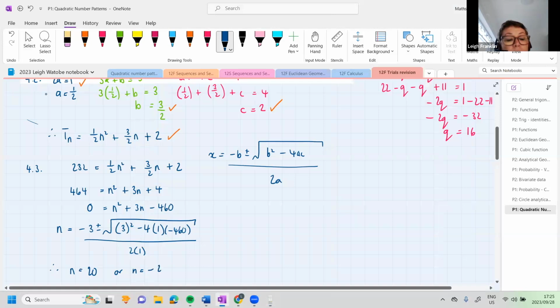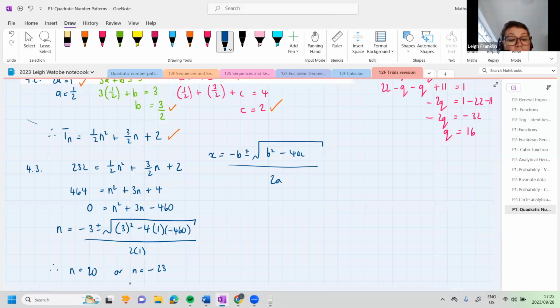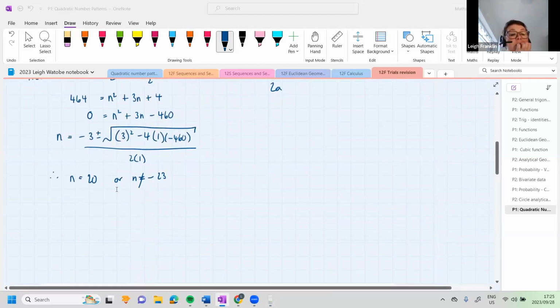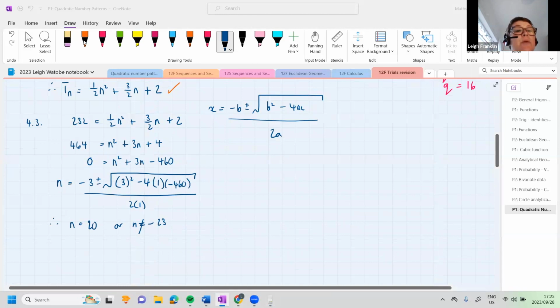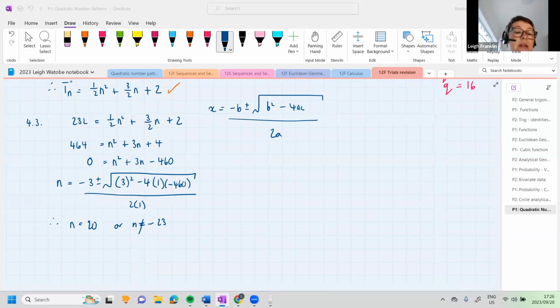So you guys, most of you were correct. But n cannot be negative 23, so you have to disregard that answer. Often there would be one accuracy mark on this line for accepting 20 and disregarding negative 23.